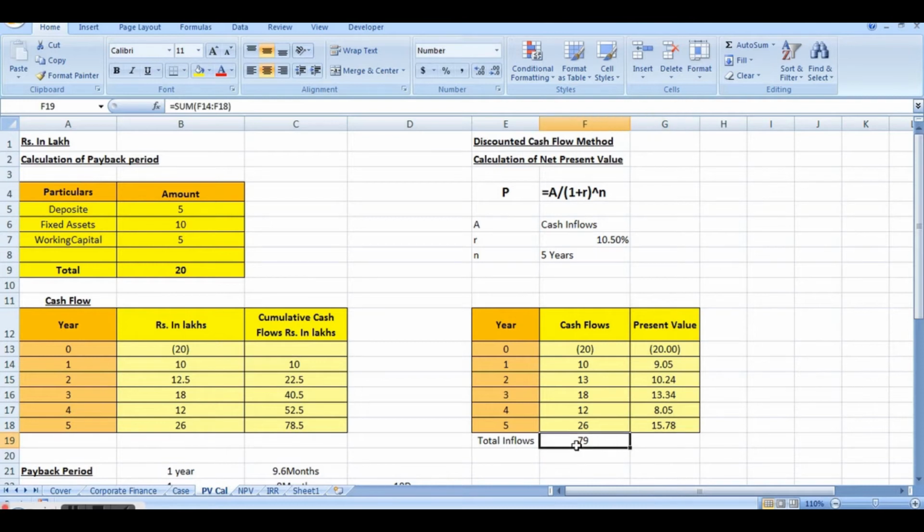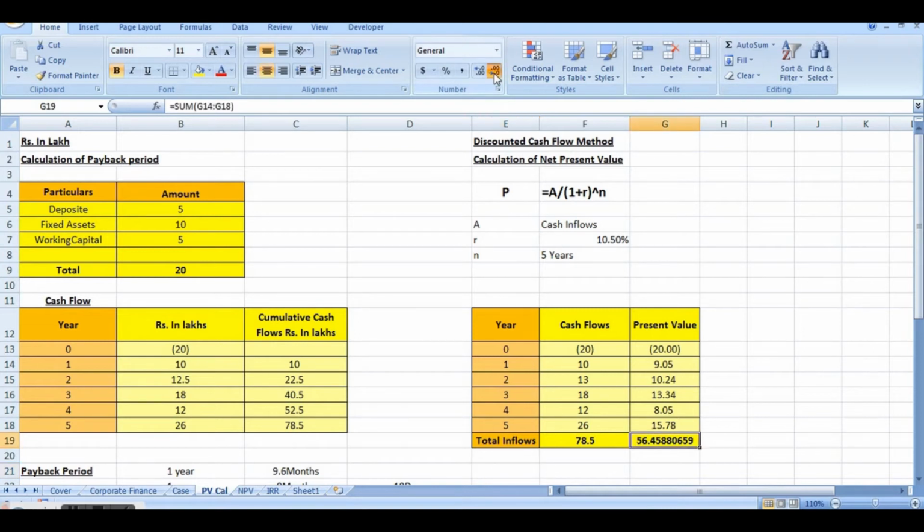But if we consider the present value of those, it comes out to be only 56 lakh 0.46. Can you see the difference? The difference is more than 15 lakhs. In fact, actually more than 15 lakhs. So it comes out to be a huge difference.